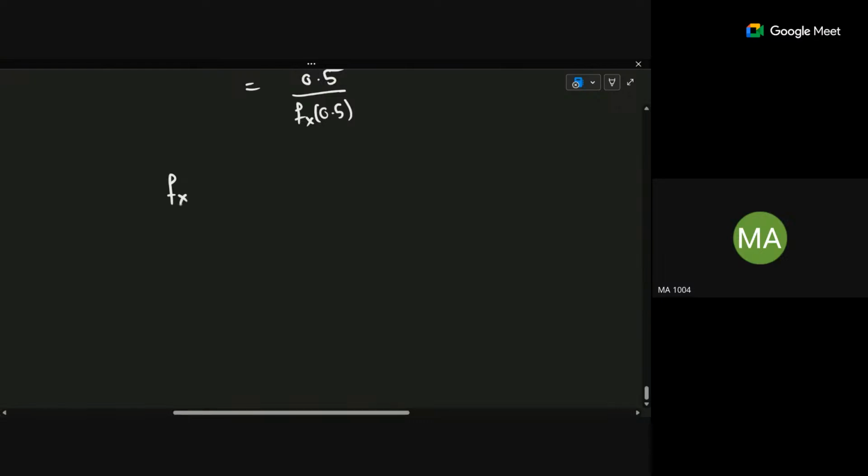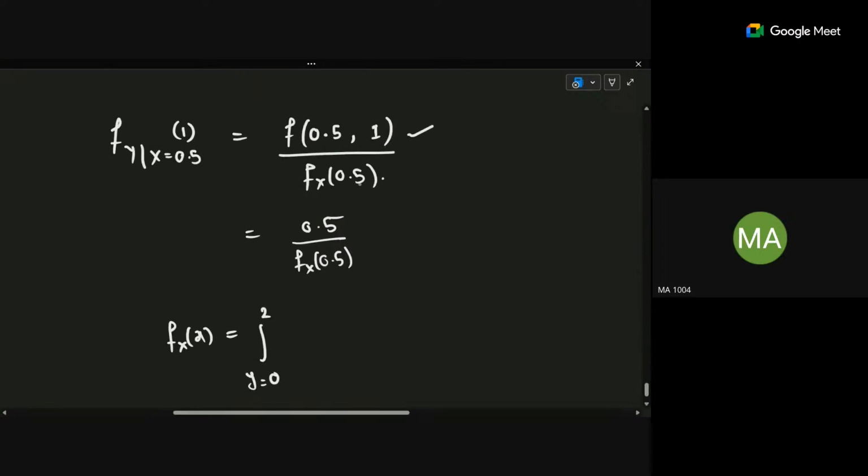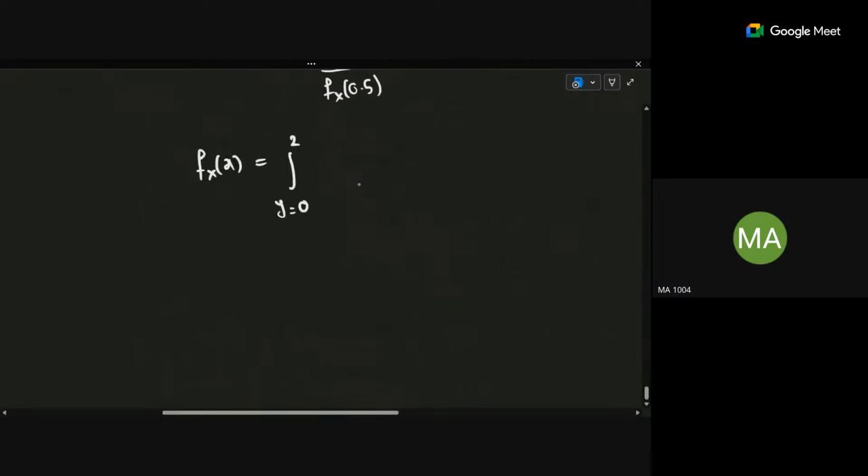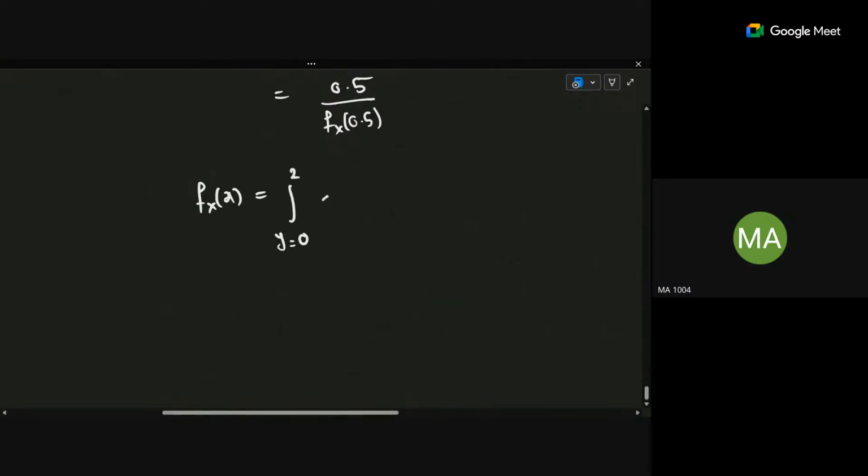So fx of x will be what? Integration in range of y. What are the limits of y? 0 to 2. Yeah, the limits of y are 0 to 2, f of x, y dy. Fine. What is f of x, y here? x only.